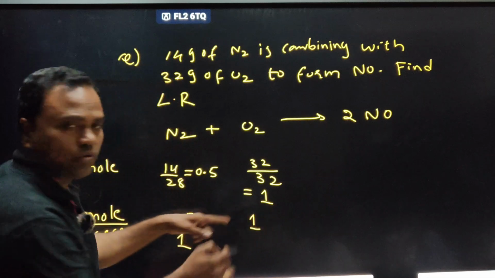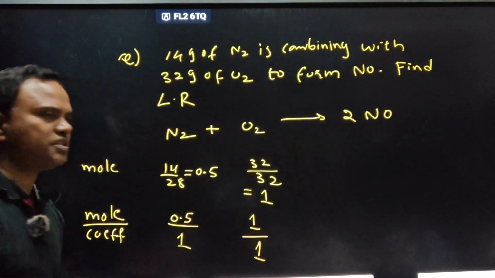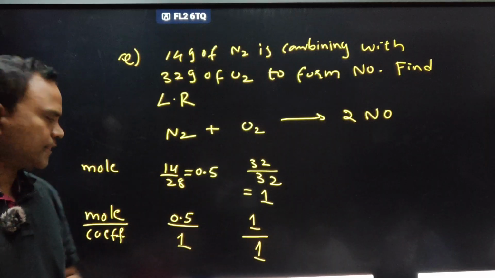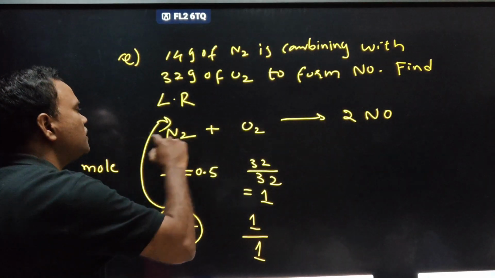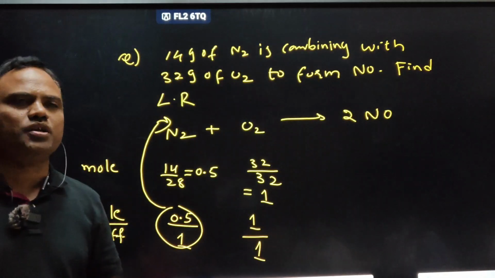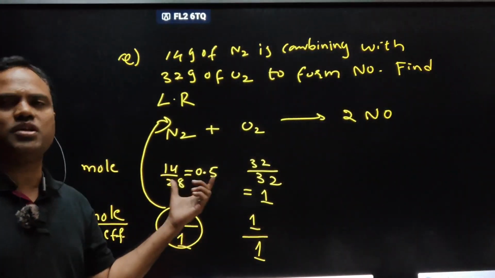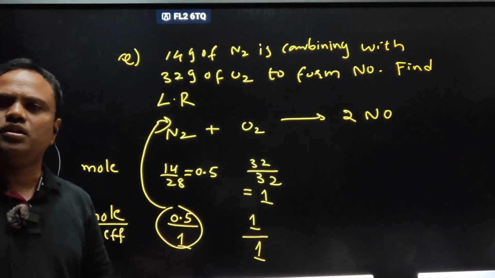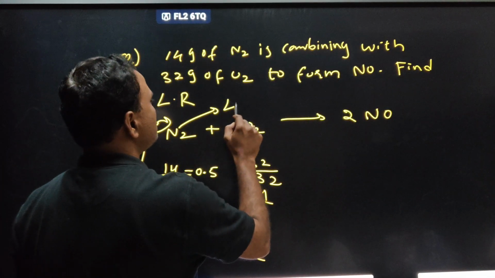Mole is 1, and again in front of O2, 1, so 1 by 1 is 1. Which is the least value? 0.5 is the least value. That value represents the limiting reagent. So what is the limiting reagent? N2 is the limiting reagent. That minimum value belongs to which reactant? That is the limiting reagent, LR. Nitrogen is the limiting reagent.